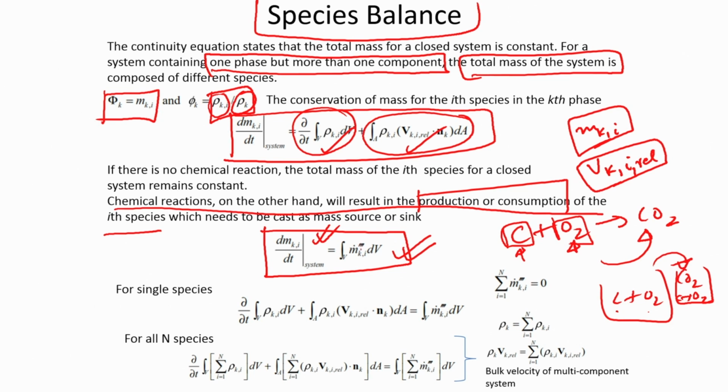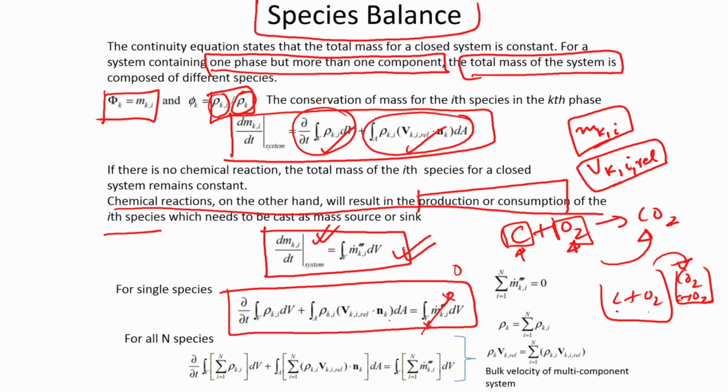This m triple prime k I dV is nothing but a sink or a source. It can be a depletion, it can be a production also. So, for a single species, it looks very familiar to a mass conservation equation, except that in the mass conservation equation this term goes to 0, but here in this case obviously you are not going to have that.